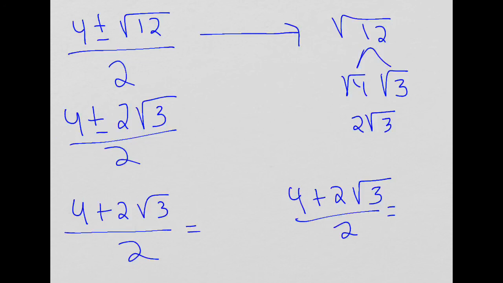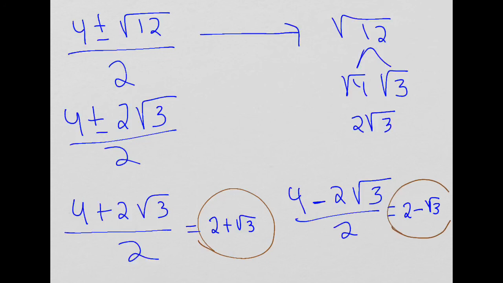So I'm going to have 2 plus radical 3, and then here I'm going to have 2 minus radical 3. Okay, and there we go. We have our two answers: 2 plus radical 3 and 2 minus radical 3.